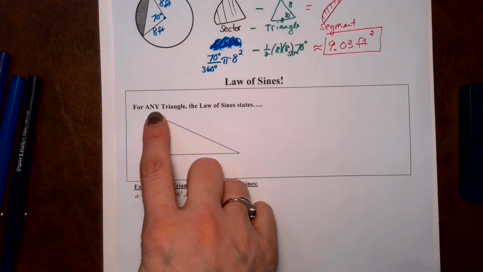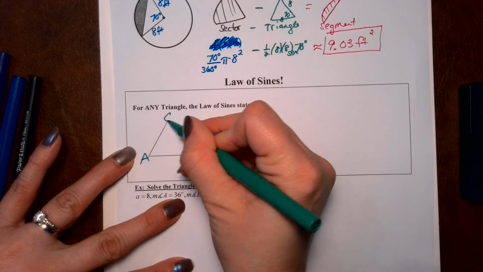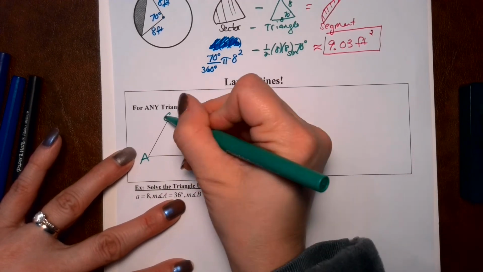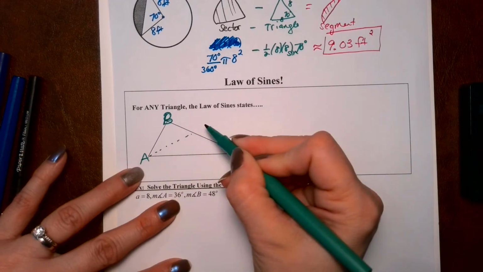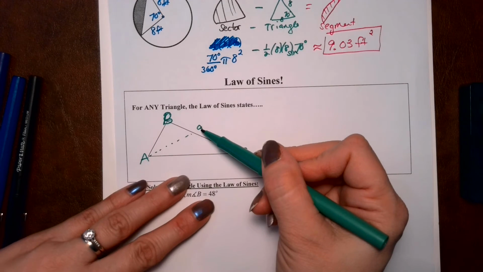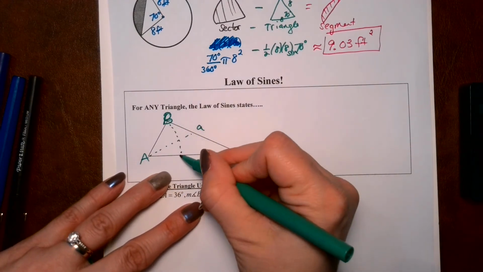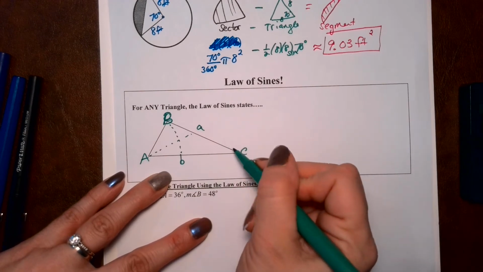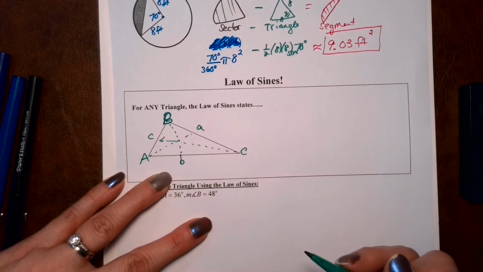So let's just go ahead and label this triangle A, B, C for the angles. Across from angle A would be side A. Angles are capital and the sides are small. Across from angle B would be side little b. And across from angle C is side little c.